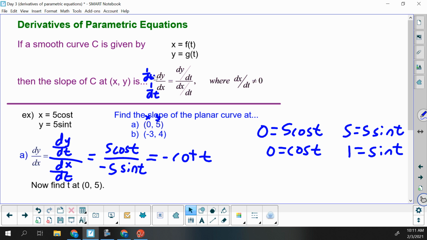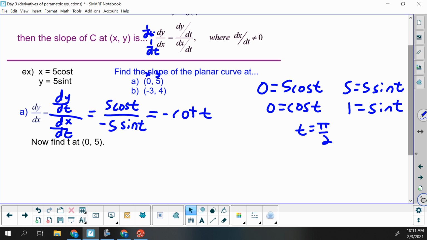So we want to think on the unit circle, if we are at the point 0, 1, because cos is the x and sine is the y, 0, 1 would be at pi over 2. So we're going to work when t is equal to pi over 2 to give us our slope. So therefore, our slope at this point, at 0, 5, is just going to be negative cotangent at pi over 2.